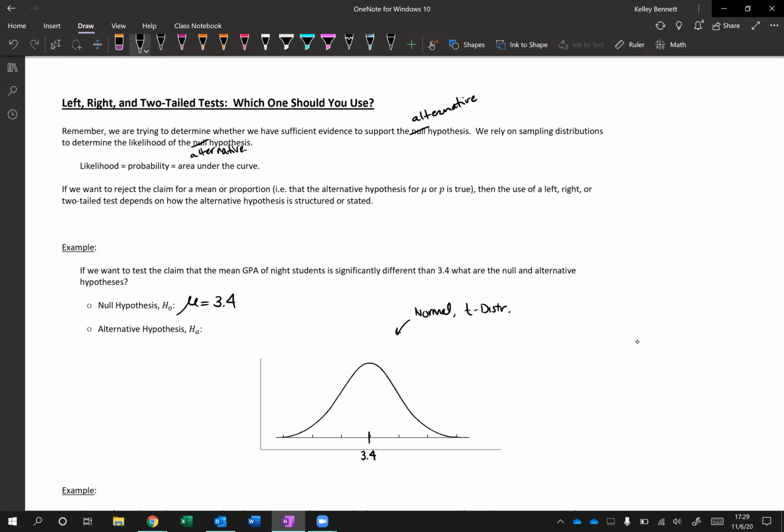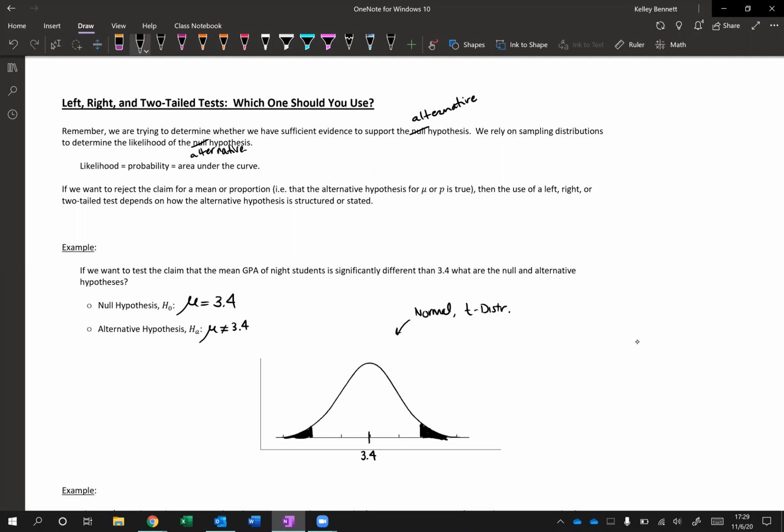All right, so if they're claiming that mu is 3.4, and we're saying that mu isn't 3.4, then we need a sample that would be super unlikely to show. Really unlikely means like an outlier. Unlikely is going to depend on our confidence level or our level of significance, and those are also upcoming ideas.